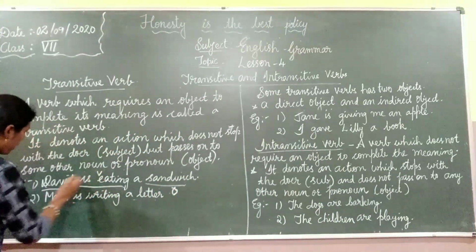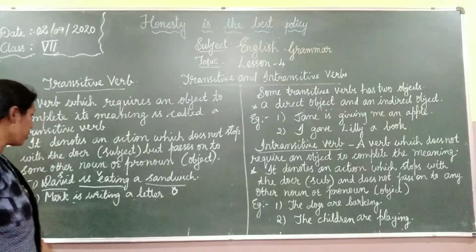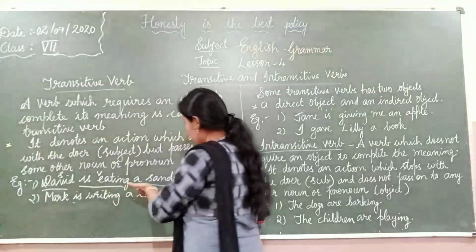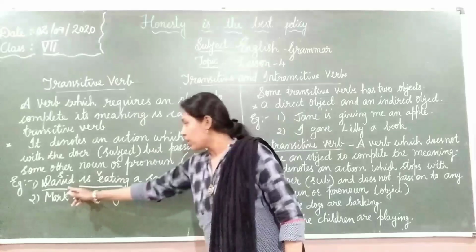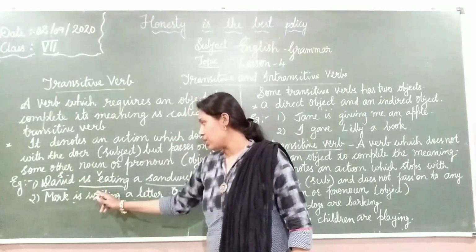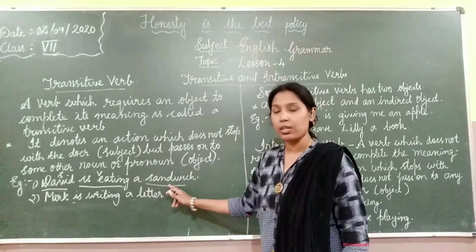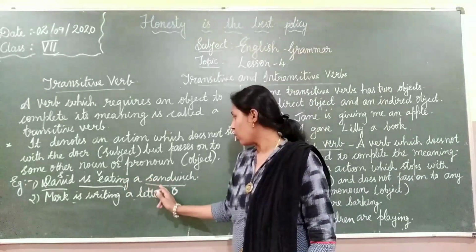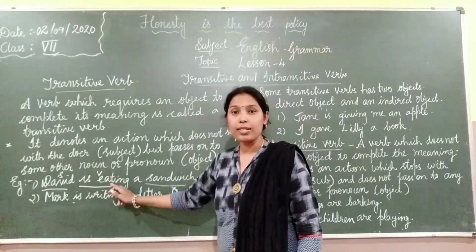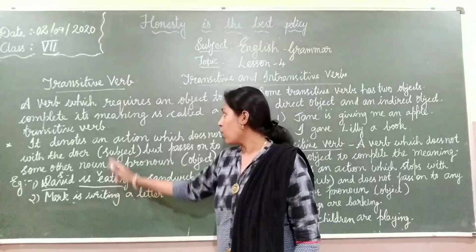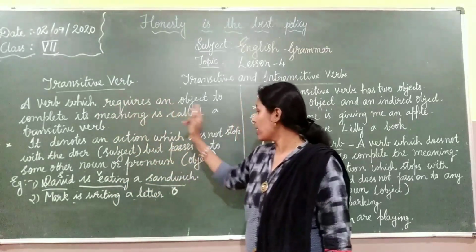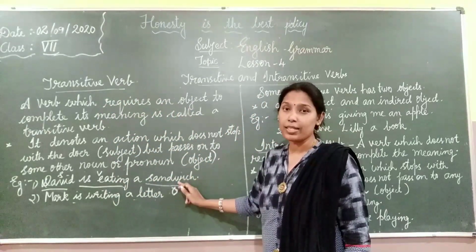This is the verb and this is the subject. David is the subject, is eating is the verb, and sandwich is the object. So without the object, this sentence is incomplete. Always a transitive verb requires an object to complete its meaning.